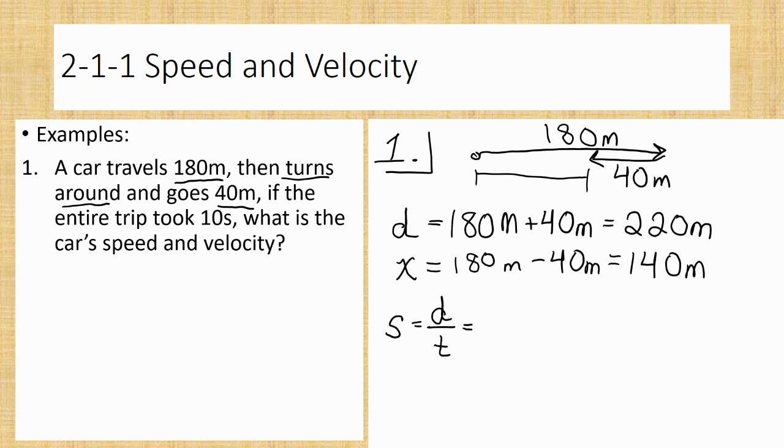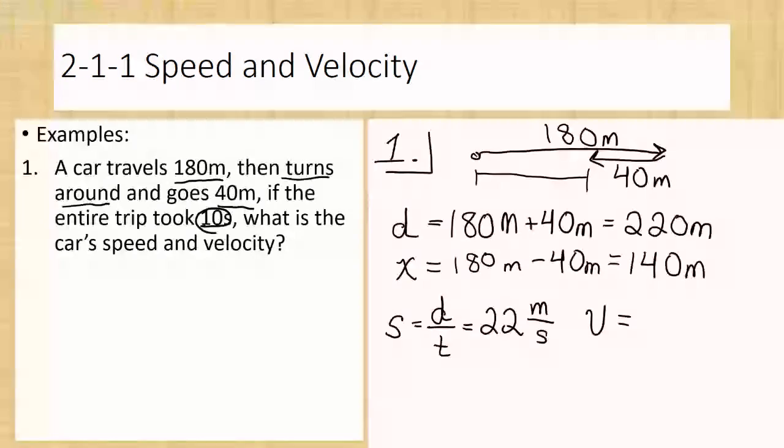Because we're using distance and displacement in this problem, I'm differentiating distance with the d as compared to using the x. 220 meters divided by the time, which is 10 seconds, that gives us 22 meters per second. While the velocity, on the other hand, is displacement over time, which is only 14 meters per second.